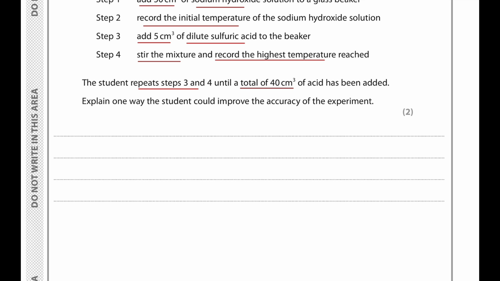Explain one way the student could improve the accuracy.